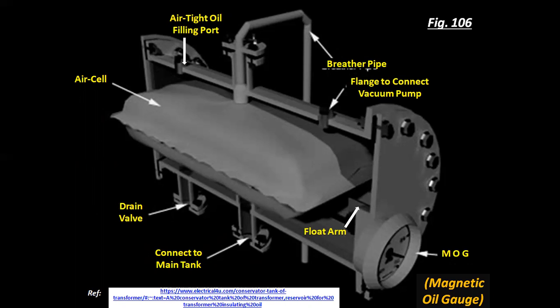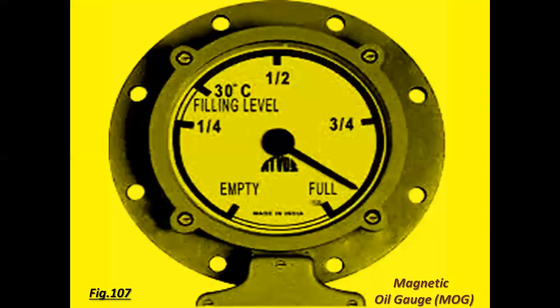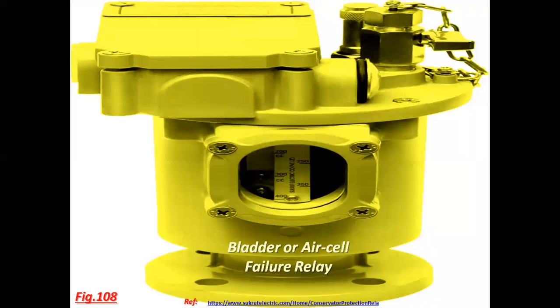Air cell, drain valve, connected main tank, float arm, breather type, flange to connect vacuum pump, airtight oil filling port. This is diagram of magnetic oil gauge. This is air cell failure relay.